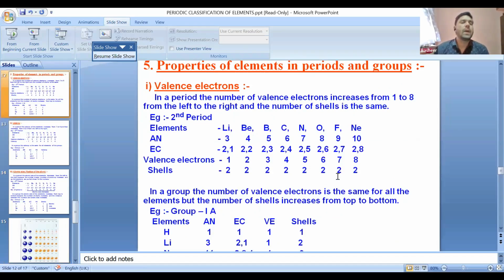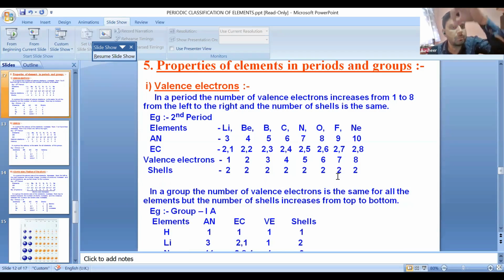Now, I told you about the valence electron. What is valence electron? Valence electron means how many electrons are present in the last shell. Example, lithium. Lithium atomic number is 3. So 2, 1: the first shell cannot hold more than 2, so that is only 2. How many electrons are left out of 3? 1.